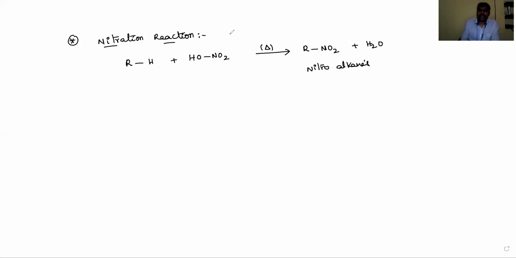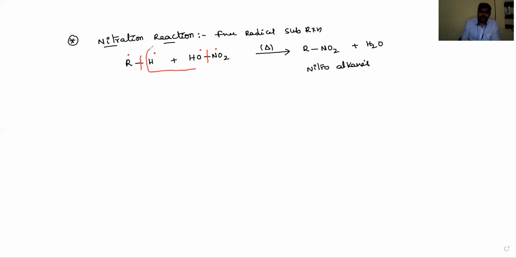Okay, it is also a free radical substitution reaction. In the mechanism, this HNO3 undergoes homolytic cleavage to produce OH free radical and NO2 free radical, and the carbon and hydrogen bond will break to produce alkyl free radical and hydrogen free radical.